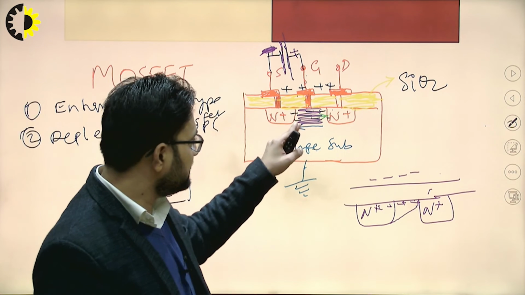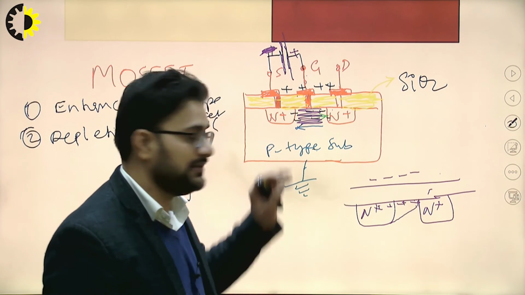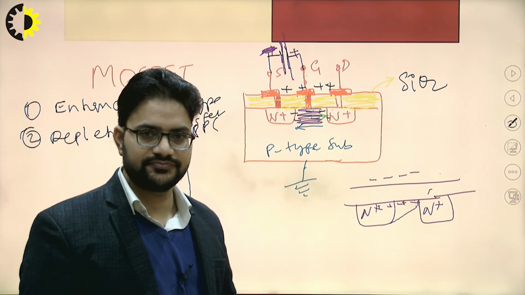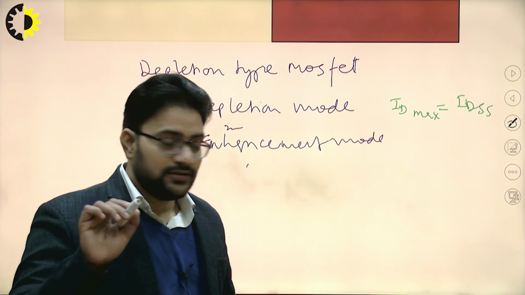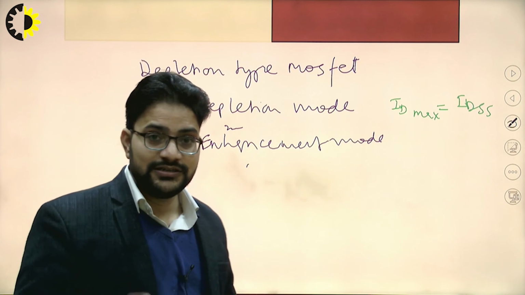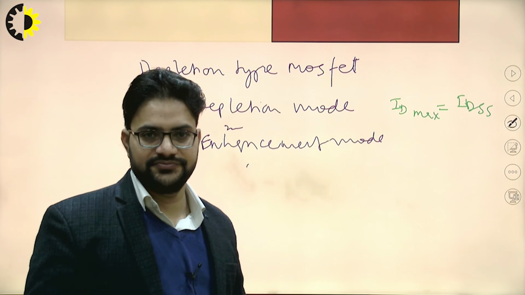So the number of charge carriers in the channel will increase, due to which, in case of enhancement mode, drain current will increase, right?